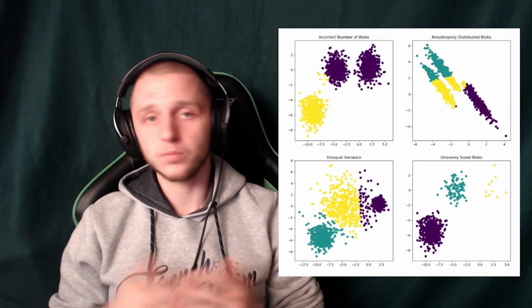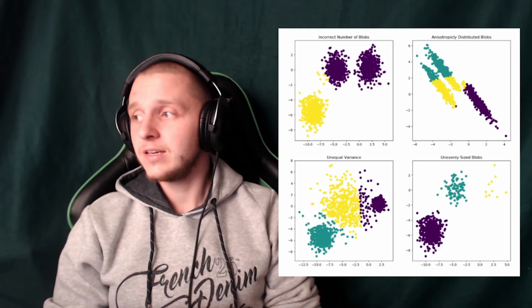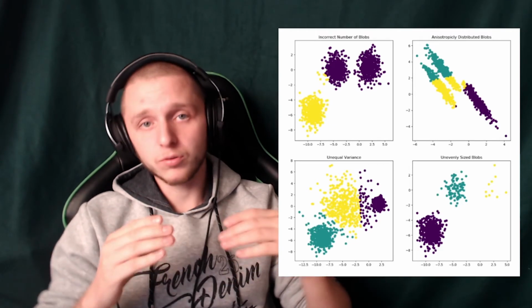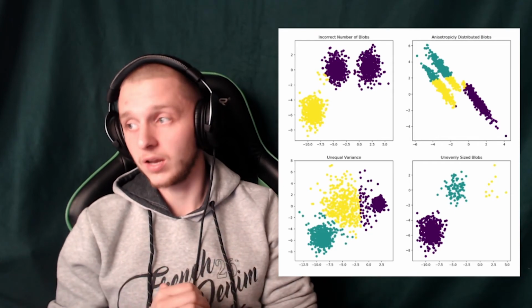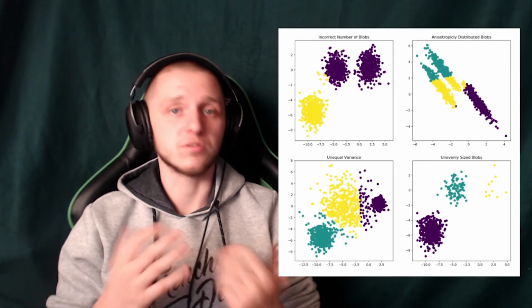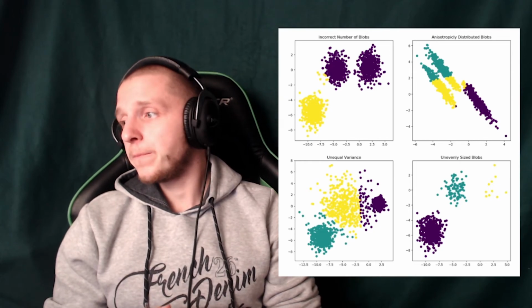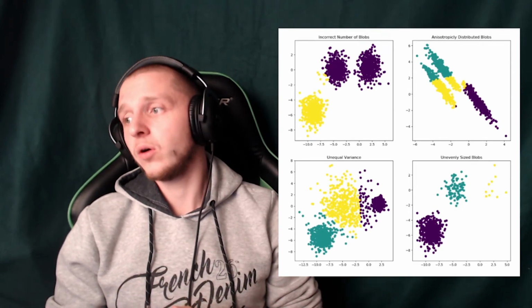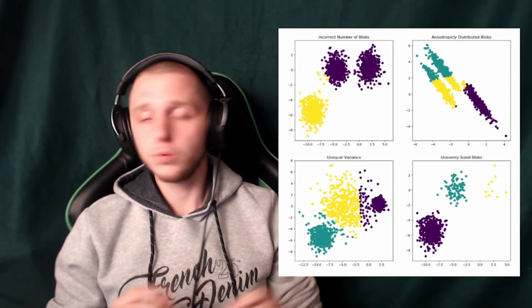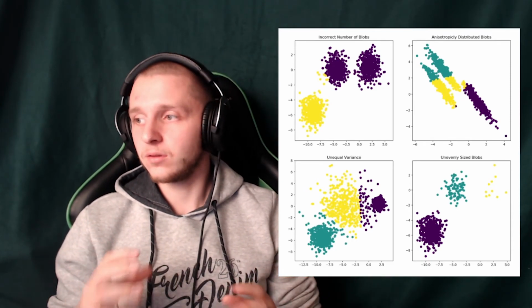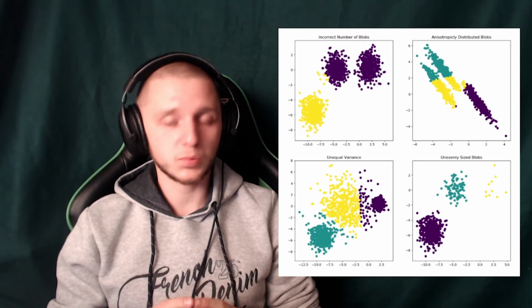Then for anisotropically distributed blobs, we will also see that the blobs will be split into 2 different clusters, which is false. We have the same thing going on for uneven variance between blobs. So 2 blobs are quite compact, and the blob in the middle is spreading out quite far.